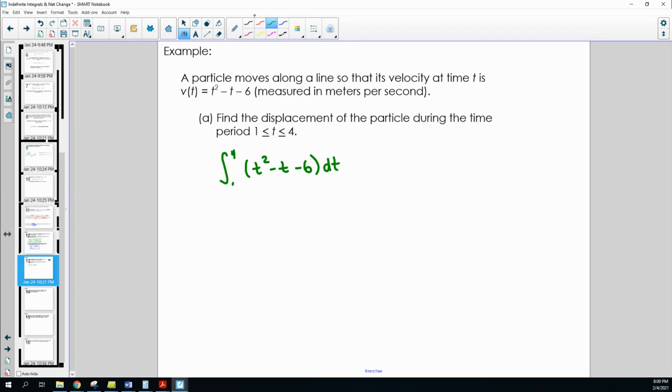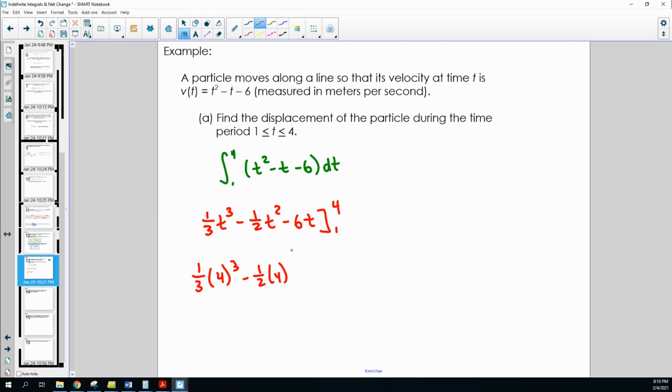Okay, so what I'm going to do is find the antiderivative of this. So I'm going to use my reverse power rule. So I'm going to get 1/3 t cubed minus 1/2 t squared minus 6t. And I'm evaluating that from 1 to 4. So I'm going to plug in 4 for my t. So again, I could leave my answer technically like this with everything plugged in.